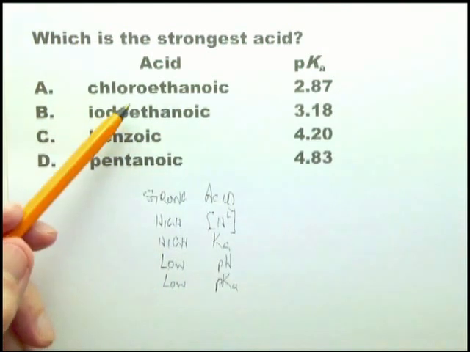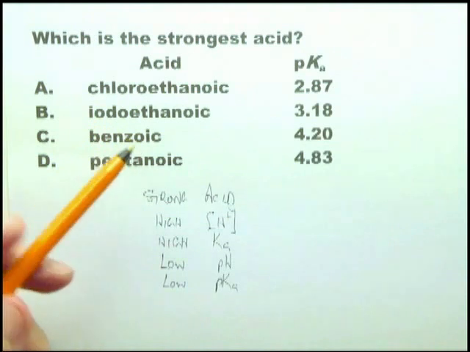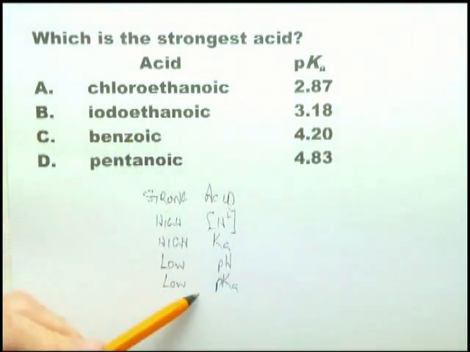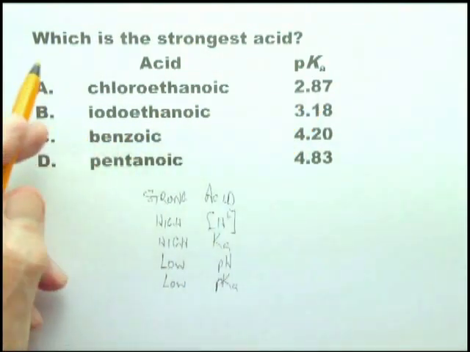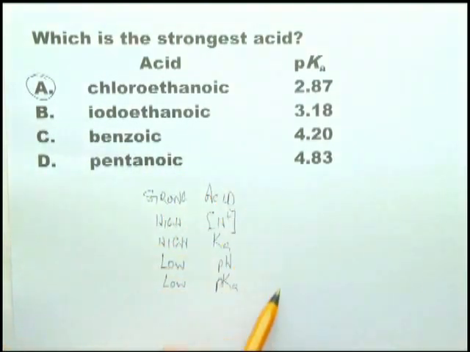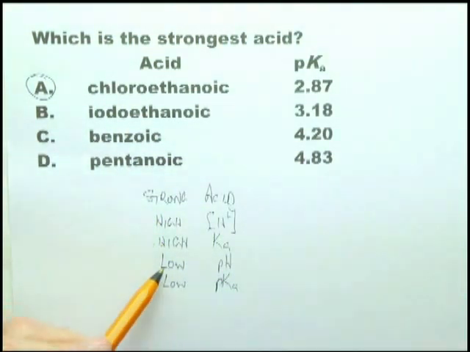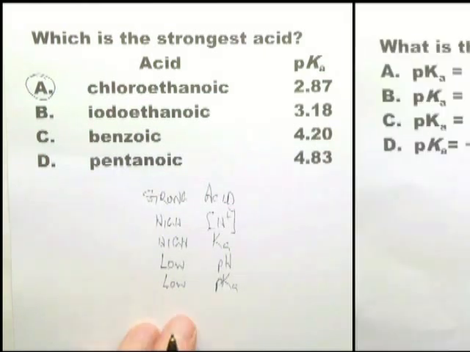So even when we're looking at a group of weak acids, we can say that the strongest of these weak acids will have a low pKa. And that is that one. So if you remember this simple pattern, strong acid, high concentration of hydrogen ions, high Ka, low pH, low pKa, this becomes possible to do in less than 10 seconds.